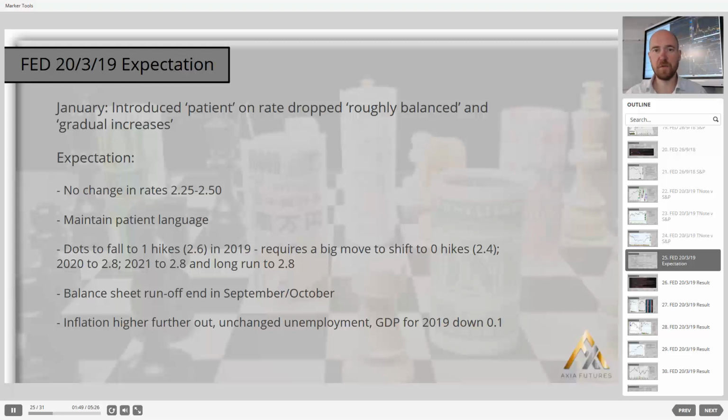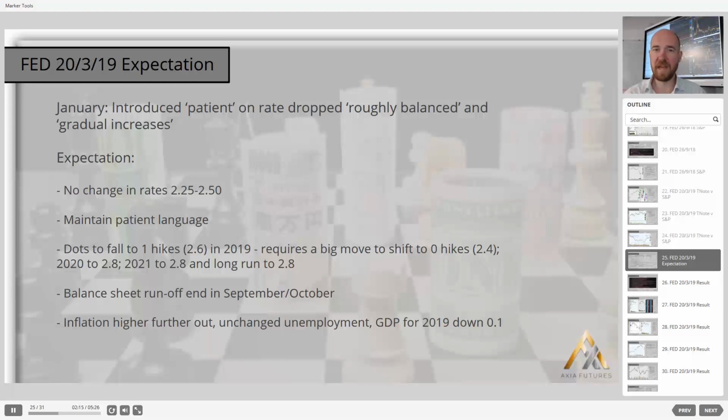So in terms of rate expectations, or expectations full stop, there was no expectation of any kind of change in rates. So 2.25 to 2.5% was the expected rate. The expectation was also that the language referring to any further change in rates, the Fed would remain patient in their decision.